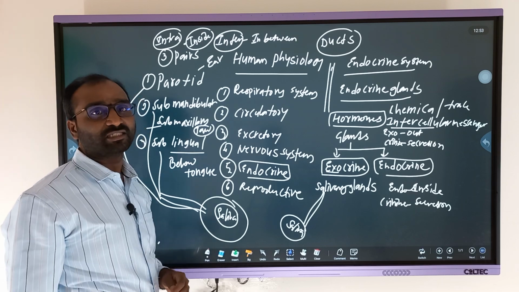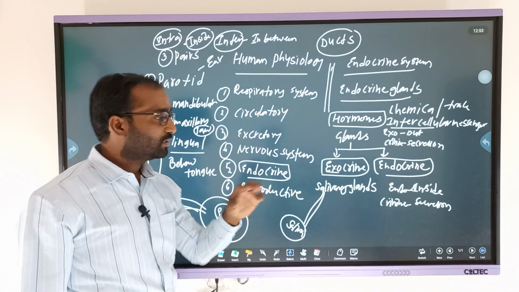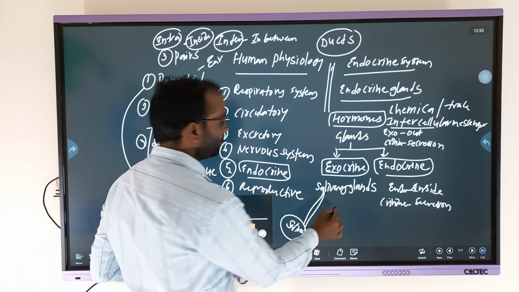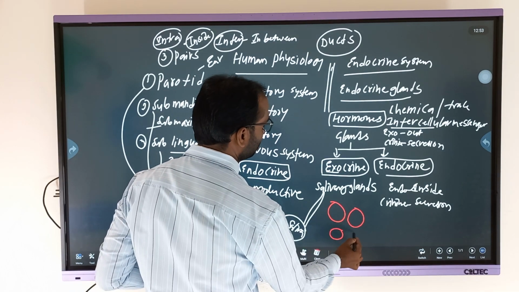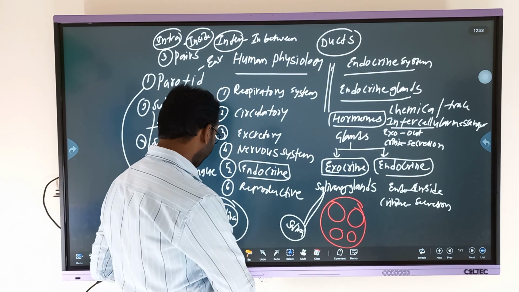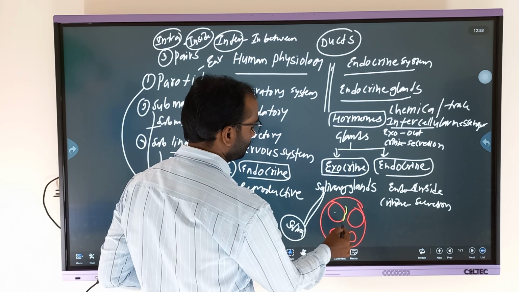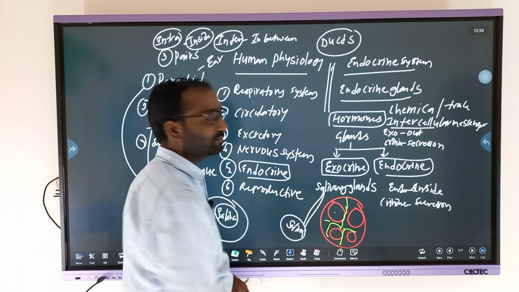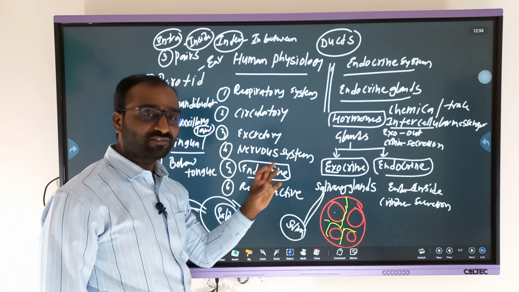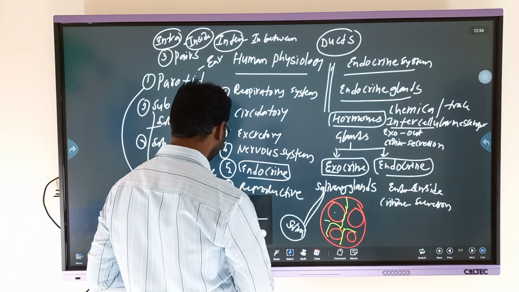Generally we use the term intercellular fluid, which is nothing but tissue fluid. Suppose these are all the cells present in a tissue. The fluid which flows in between them is the intercellular fluid, called tissue fluid. There we are using the term inter.